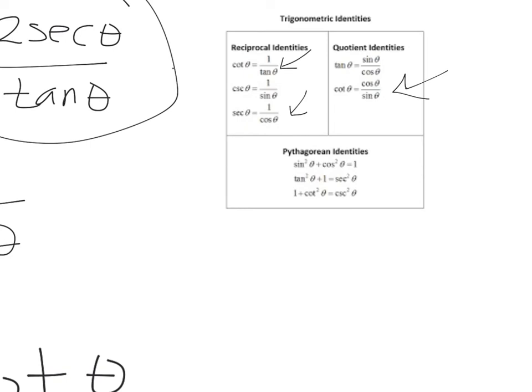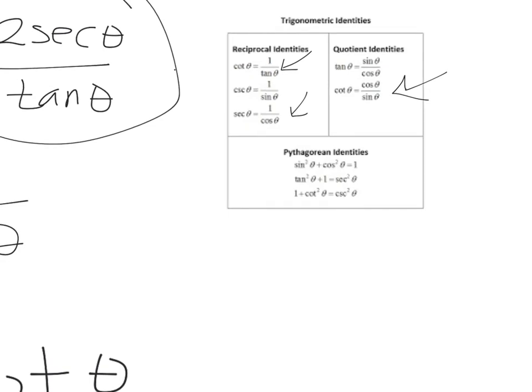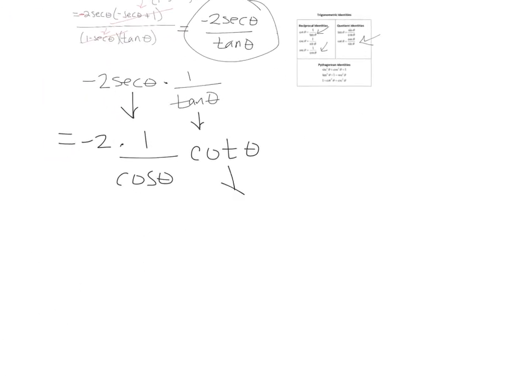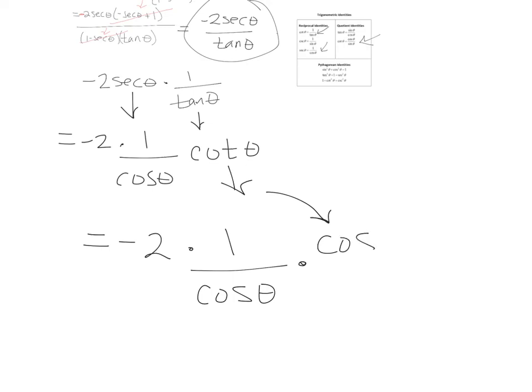The quotient identity for the cotangent is the cosine over the sine. So again, we're going to rewrite this. It's going to be negative 2 times 1 over the cosine of theta times the cotangent, which is the cosine over the sine of theta.